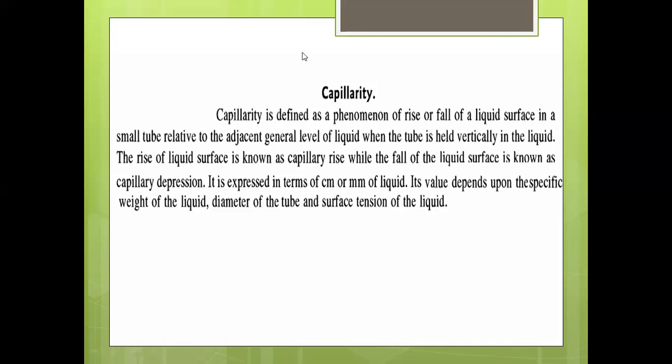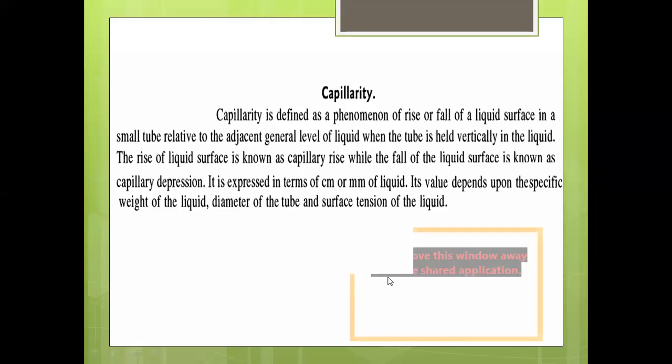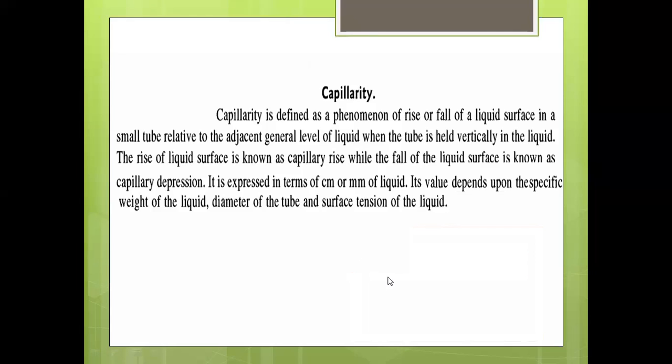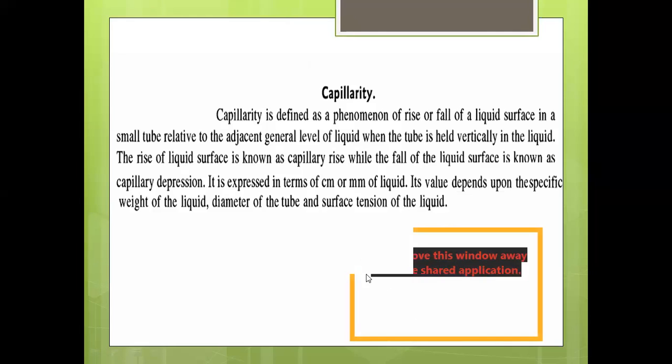If anyone wants to tell, then you can unmute. Allow participant to unmute themselves. Okay, this option I have selected here. So anyone can unmute and give the definition. You can tell the definition.